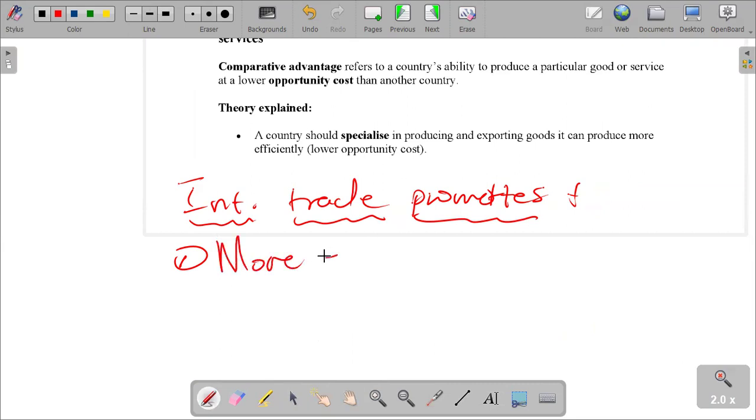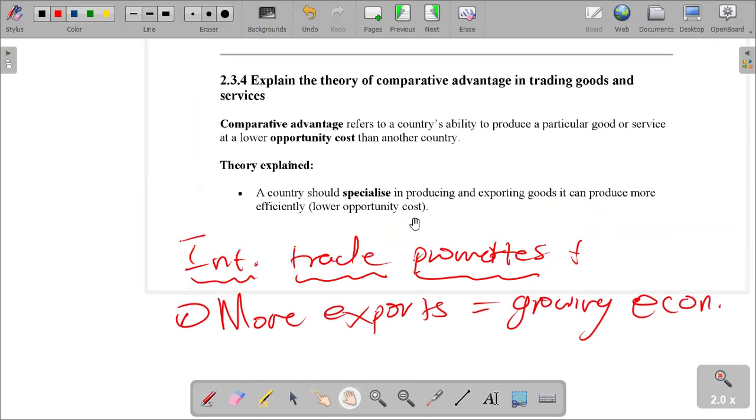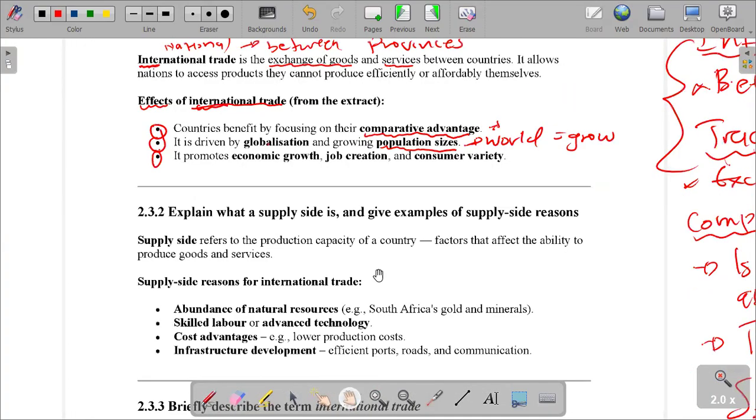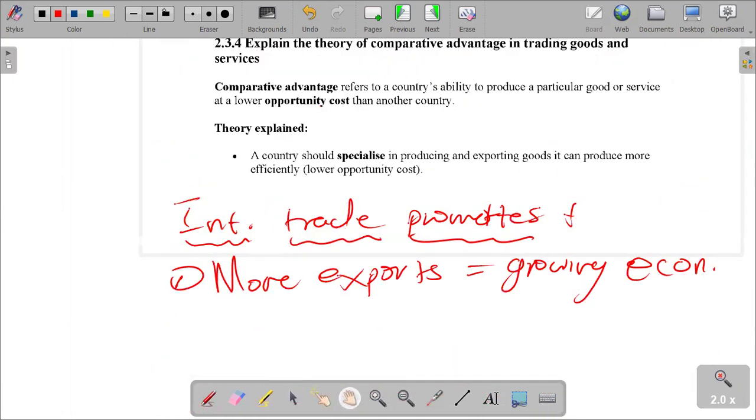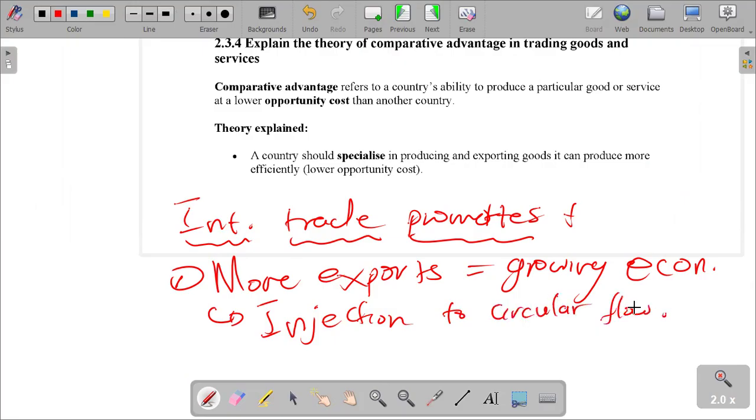More exports equals growing economy, right? If more exports, if we as a country sell more products to other countries, we get more money. We get it in the form of exchange rate, we get more money. And that money can grow the economy. It's an injection to what? To the circular flow, right? This becomes an injection to the circular flow, right?